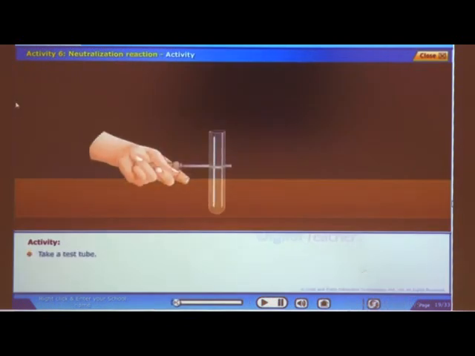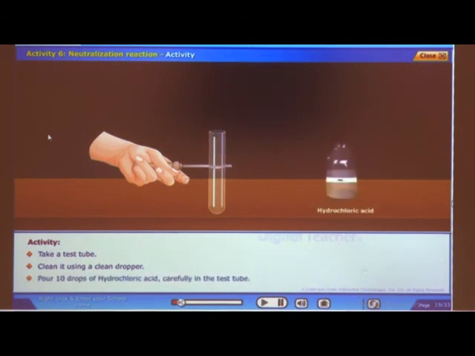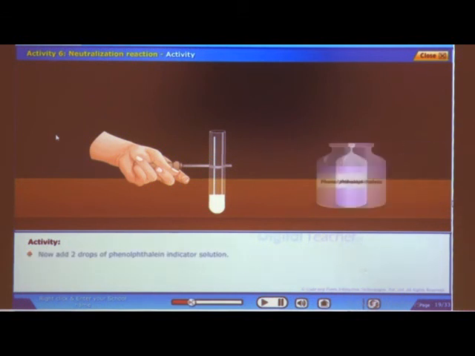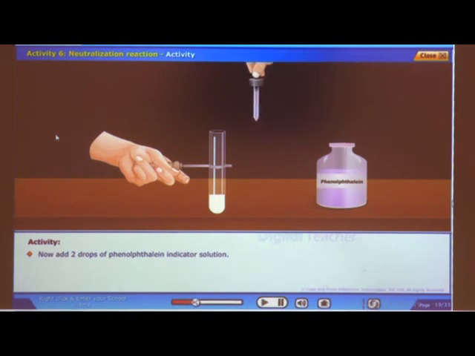Take a test tube, clean it using a clean dropper. Pour 10 drops of hydrochloric acid carefully in the test tube. Now, add 2 drops of phenolphthalein indicator solution.